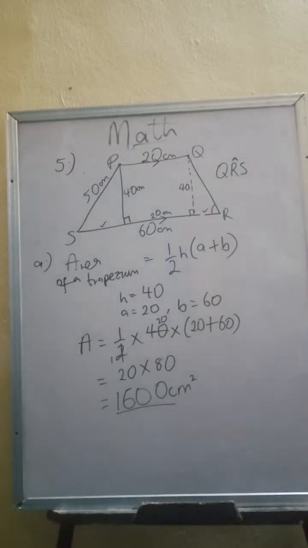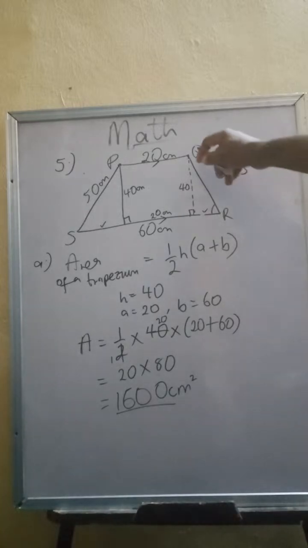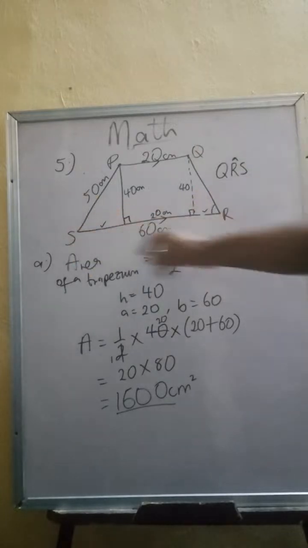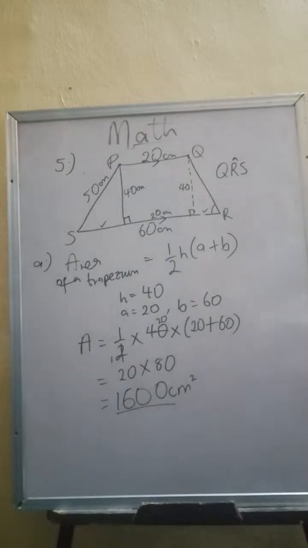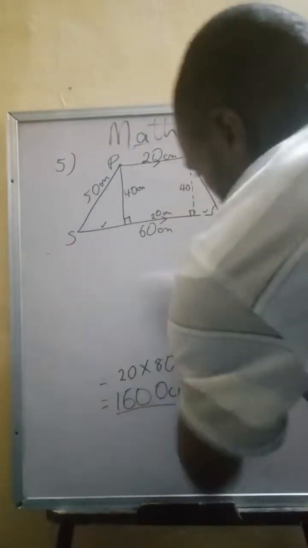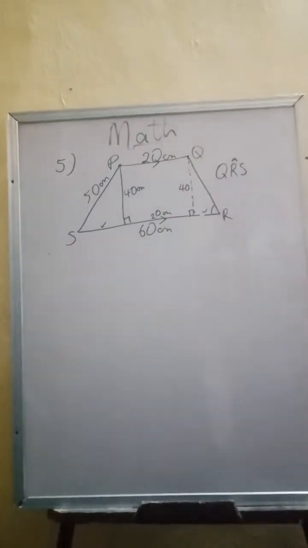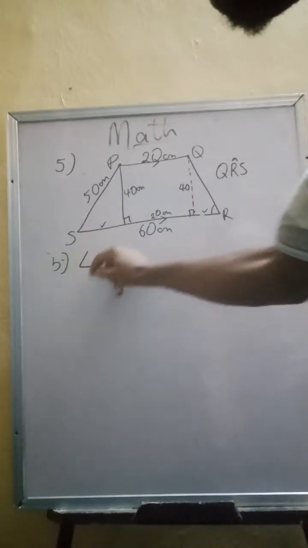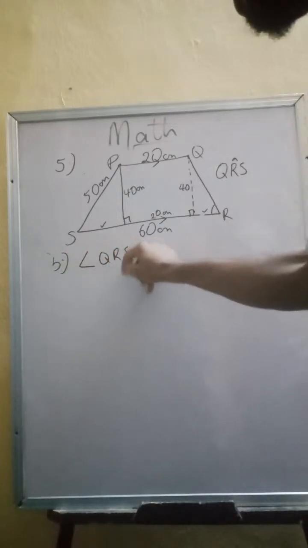So the angle is located at the middle, and so you see why the Q comes first, then R and S, or we could call it SRQ.